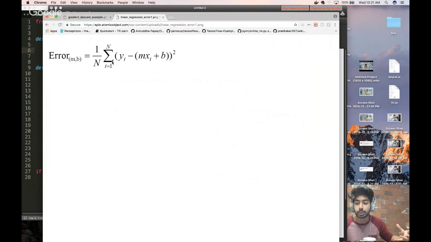Which is what we're doing: calculating the sum of a set of points. The starting point is where i equals 1, and the ending point n means for every point. For every point, we want to calculate the difference in y values. So it's y minus (mx plus b). Why mx plus b? Because in the slope equation, y equals mx plus b.